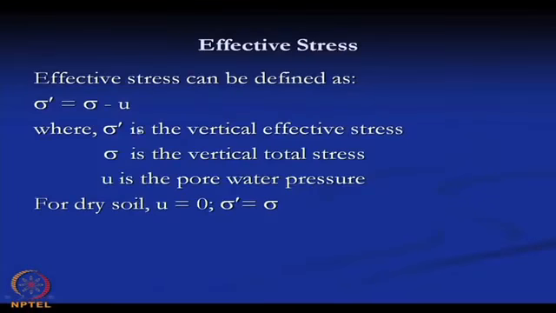Now, if the soil is totally dry, no pore water pressure will be developed, so U is 0. In that condition, the effective stress will be equal to the total stress, that is sigma dash is equal to sigma, since dry means there is no water present in the soil.